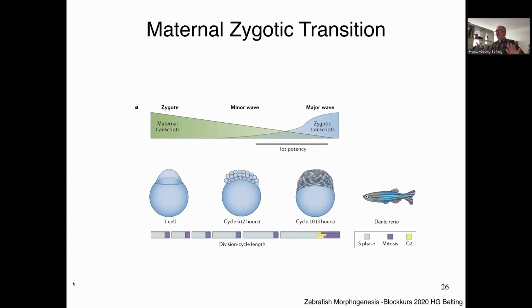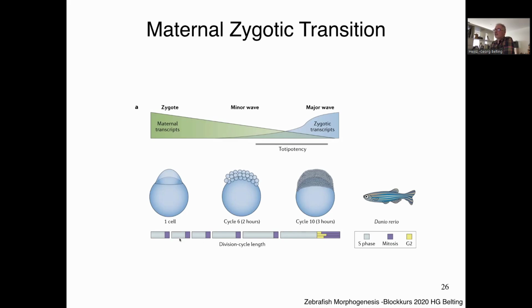I'm not an expert at all on the maternal zygotic transition. I think Alex had a paper last year on a gene called Nanog, which is one of these stem cell factors. But just to give you an overview of what's happening: in these embryos, you have all these maternal transcripts and very, very fast cell divisions.